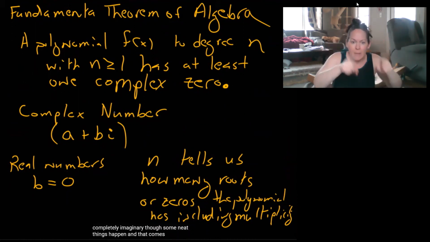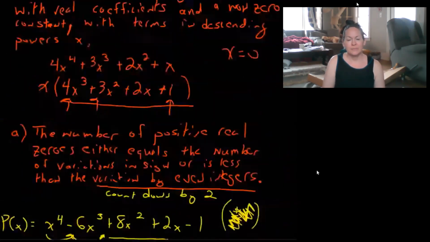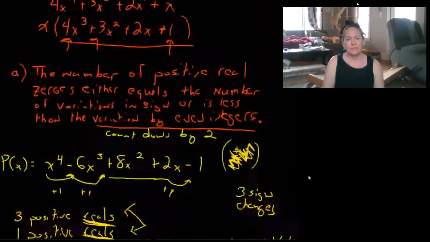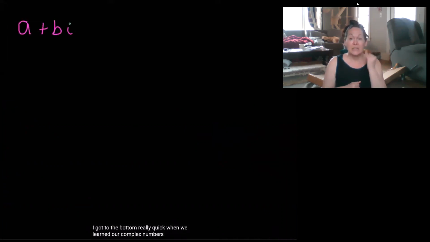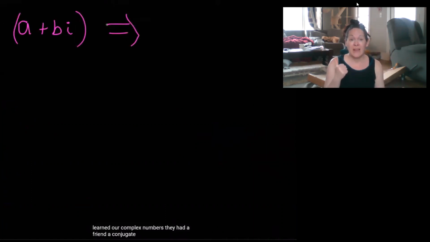And that comes from, I'll scroll here. I missed the top of the page. I'll scroll up here. That's why. Let's say I got to the bottom really quick. When we learned our complex numbers, they had a friend, a conjugate.